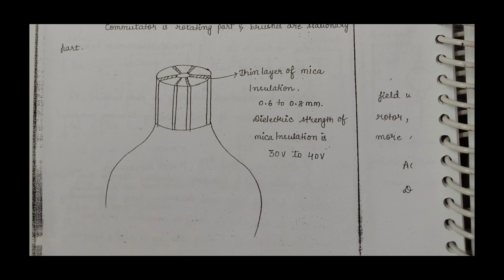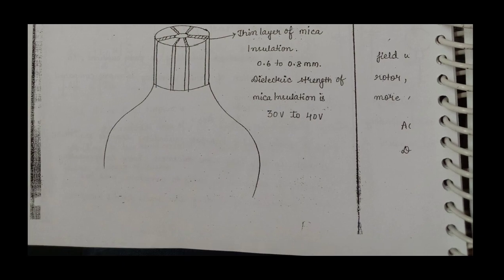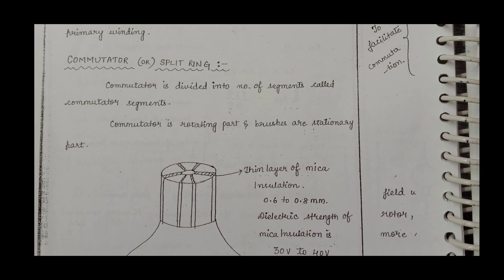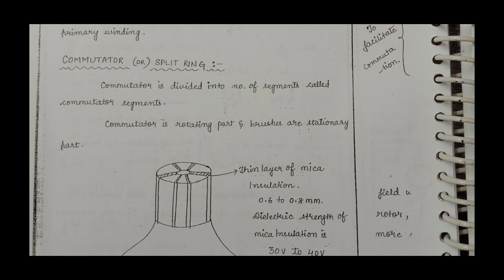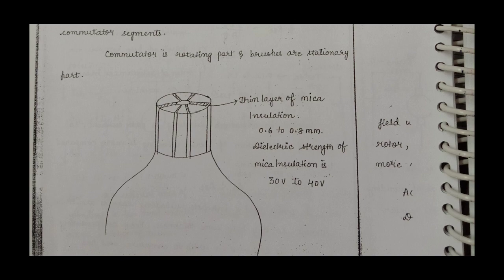The dielectric strength of mica insulation is 30 to 40 volts per centimeter. So the commutator is divided into a number of segments called commutator segments. The commutator is a rotating part and brushes are the stationary part.